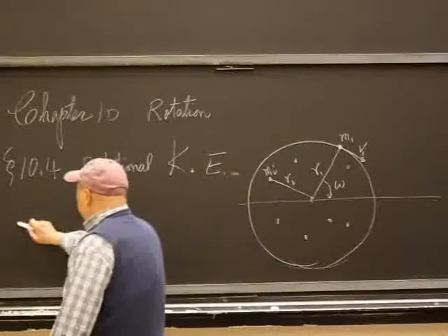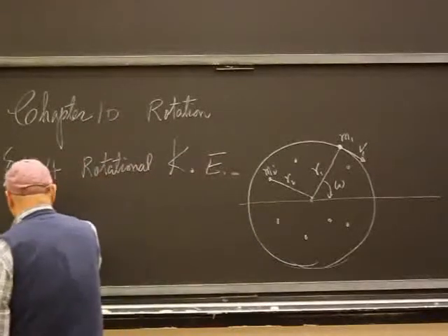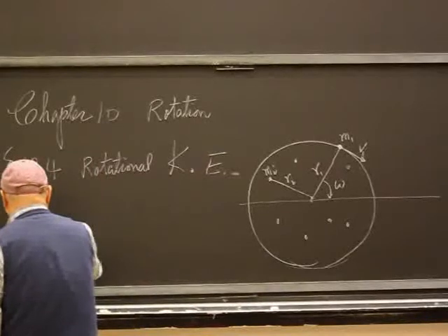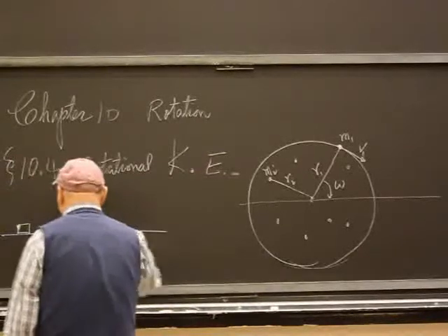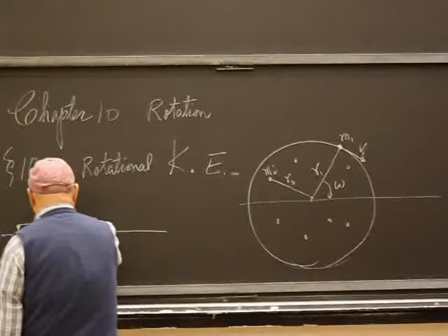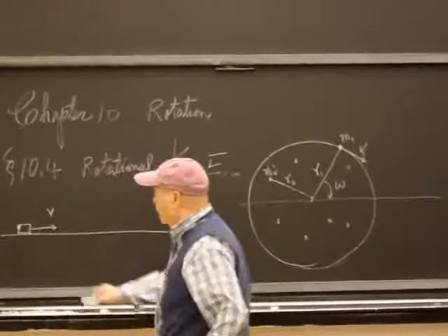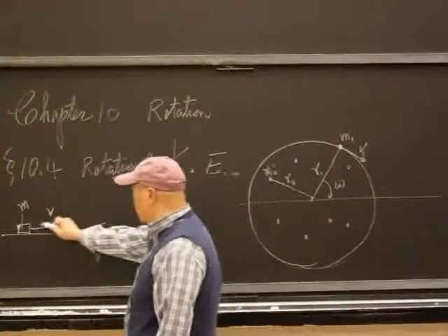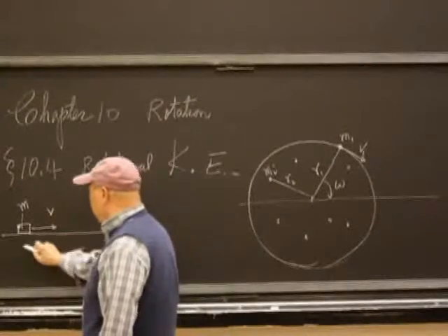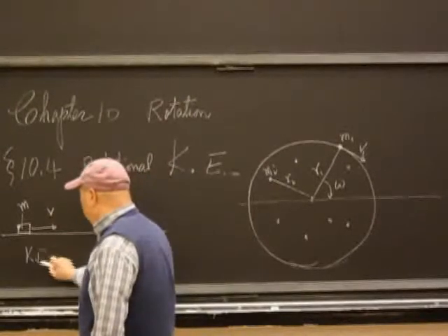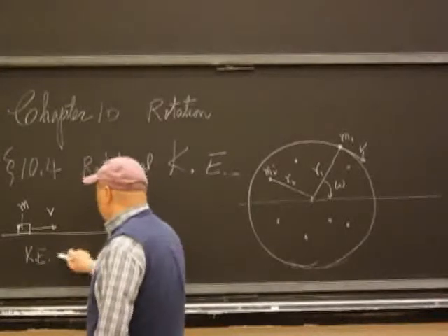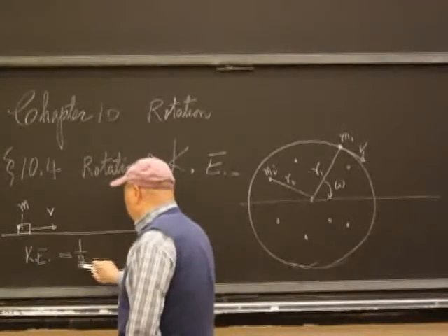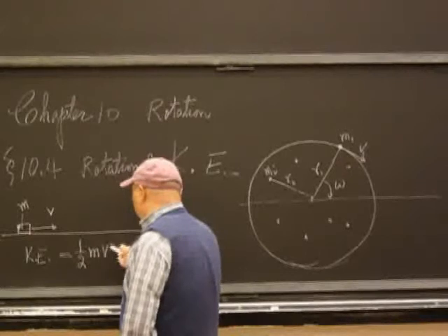We know that for linear velocity, if this is an object moving with v, and the mass is m, then the kinetic energy for this linear motion is equal to 1/2 mv squared.